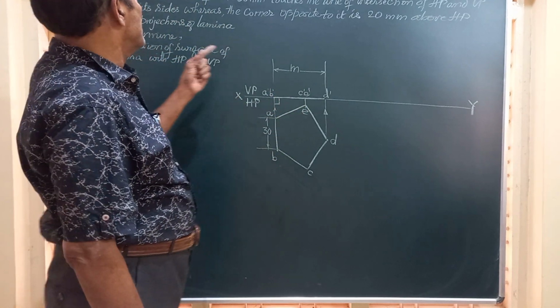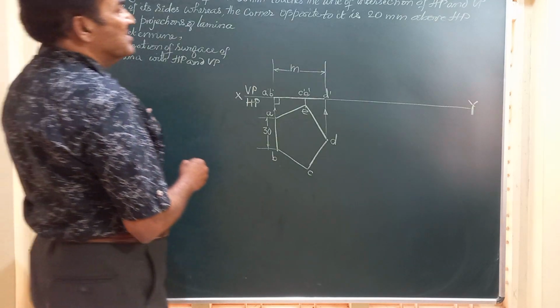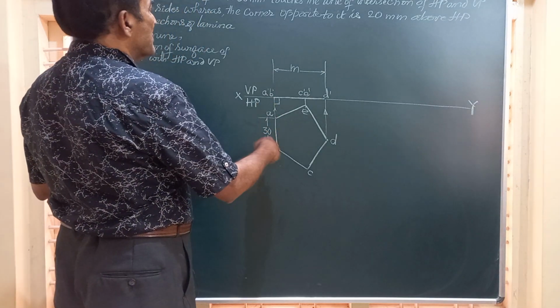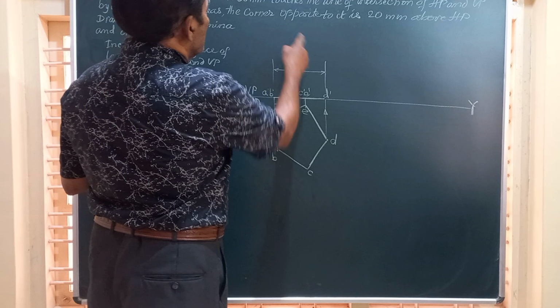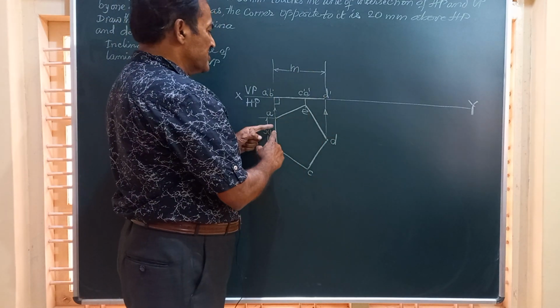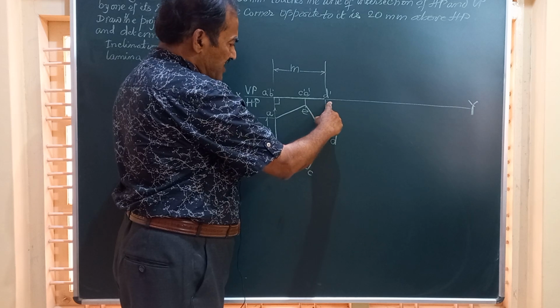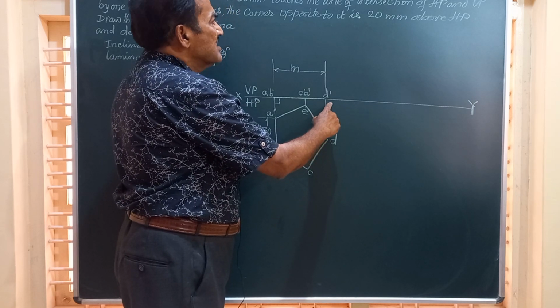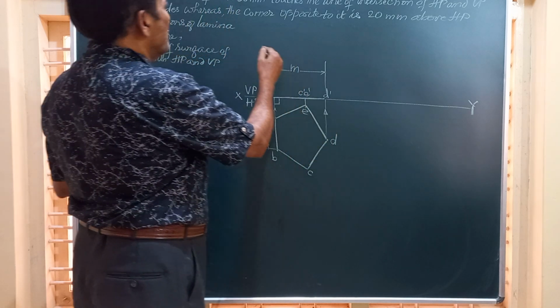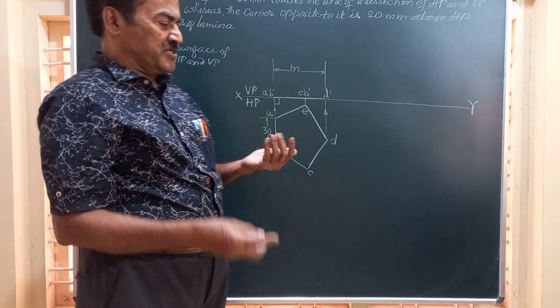Now in the question it says that it lies on the line of intersection. The corner opposite to the side AB, the corner opposite to that is D, that is at a distance of 20 above HP.